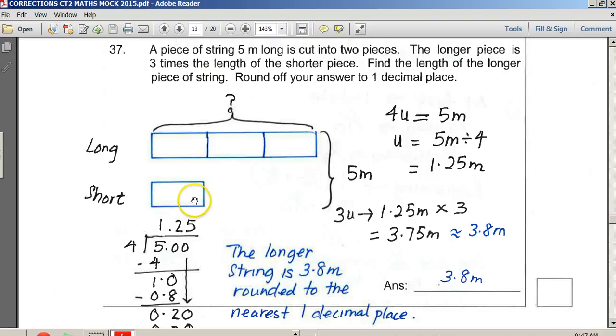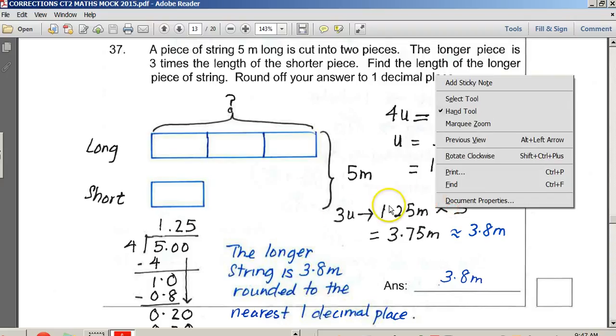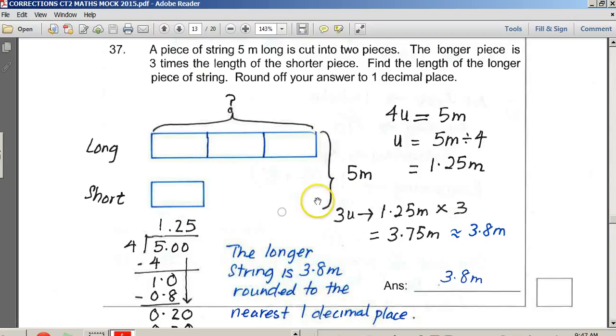Now the question is: find the length of the longer piece of string. The longer piece of string is 1.25 times 3. It means 1, 2, 3 here, or it's 3U, right?